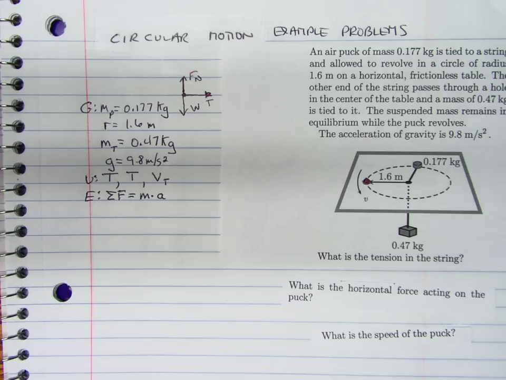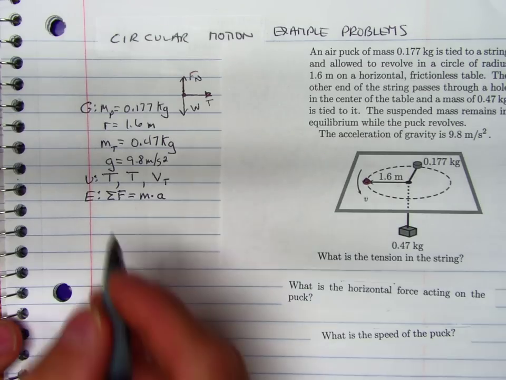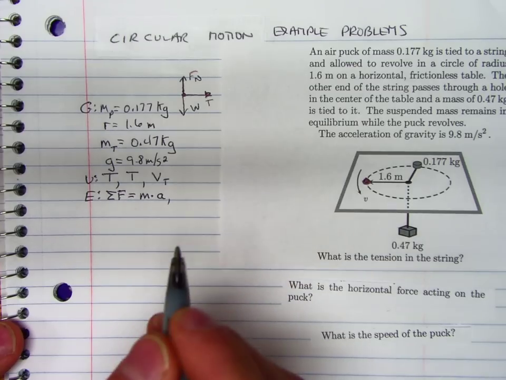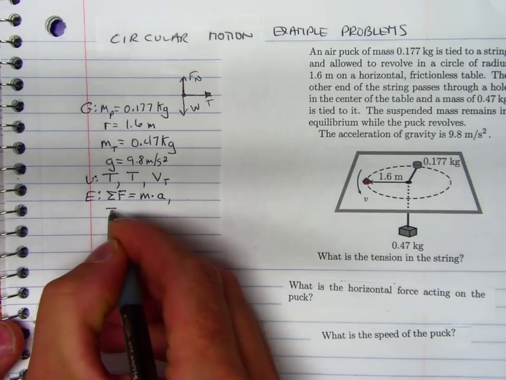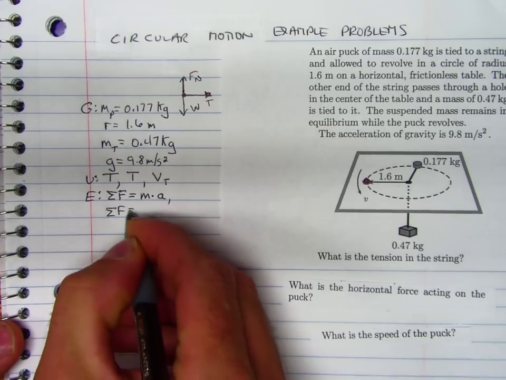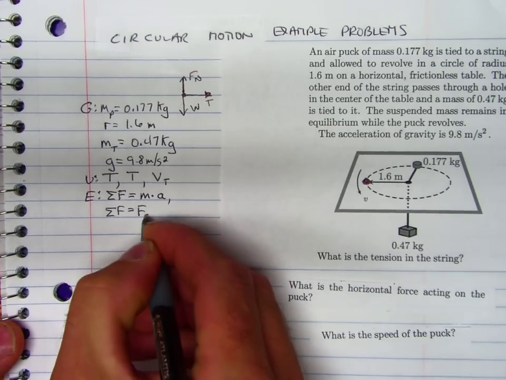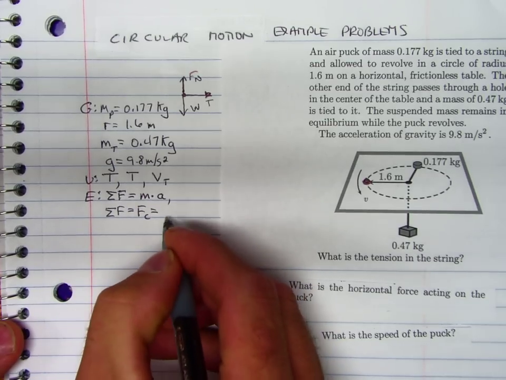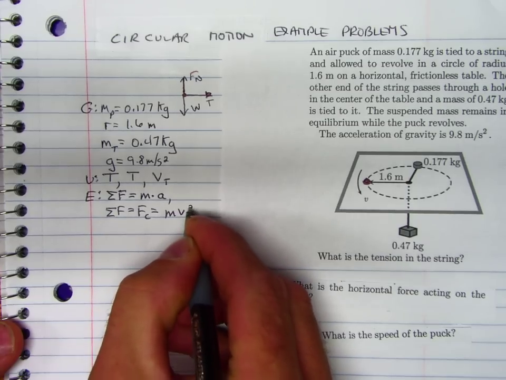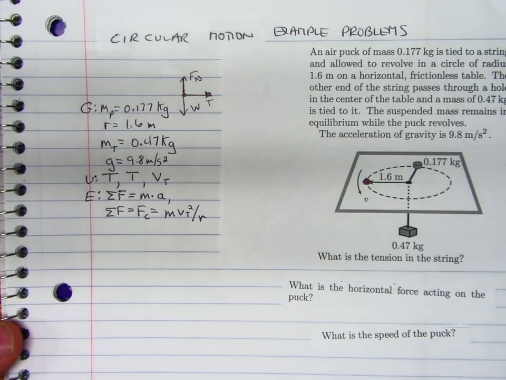In other words, all the forces added up together have to equal the centripetal force. So I'm going to also write that sigma F is going to equal Fc, and we know that that's equal to m v_t squared divided by r. Now sometimes you'll see it as just v. There's a lot of different subscripts people use.